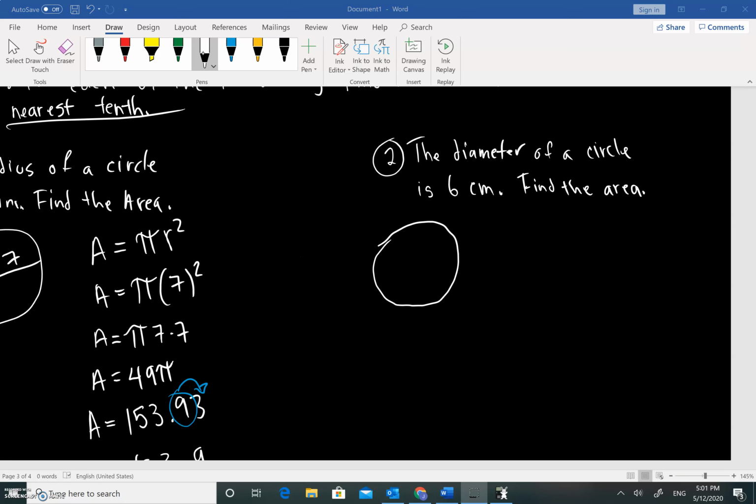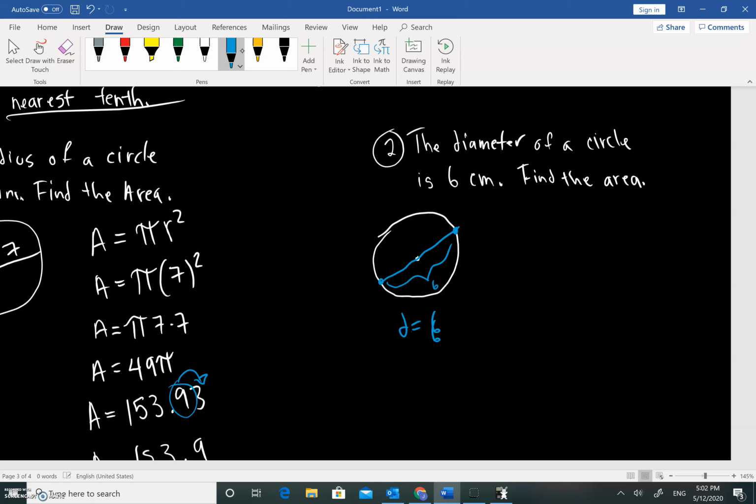Now in question number 2, we have the diameter of a circle is 6 centimeters. If this is the center of my circle, then the diameter would look something like this. So this is my diameter, and that is 6 centimeters. D is equal to 6.